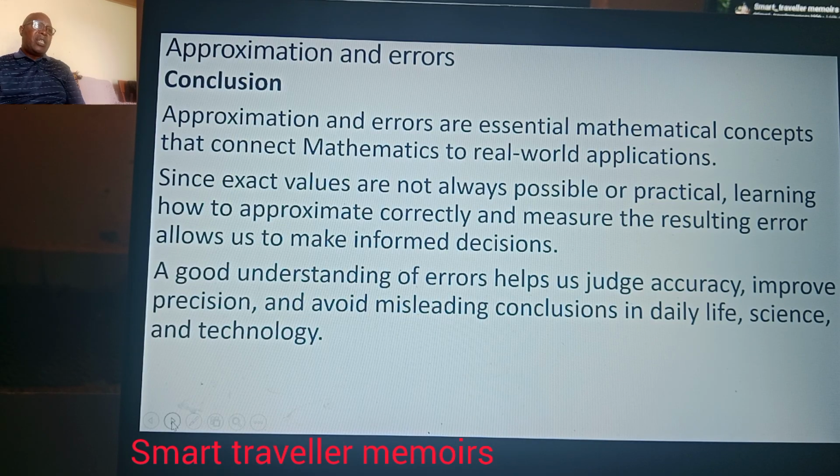Since exact values are not always possible or practical, learning how to approximate correctly and measure the resulting error allows us to make informed decisions. A good understanding of errors helps us judge accuracy, improve precision, and avoid misleading conclusions.